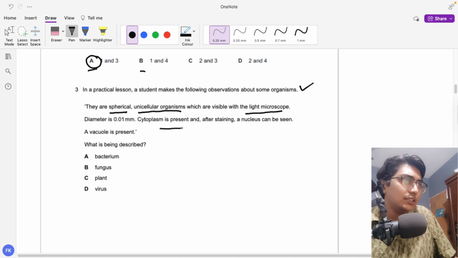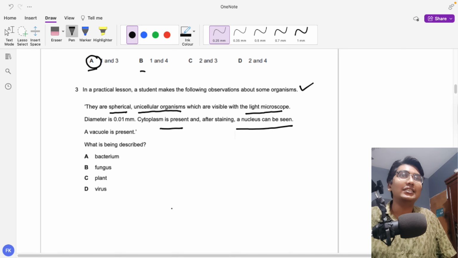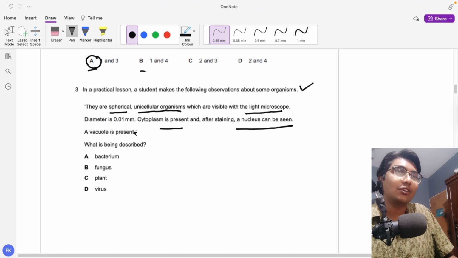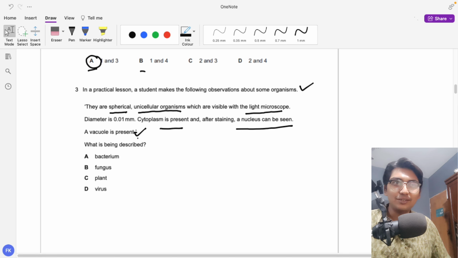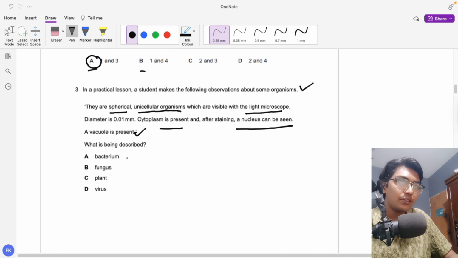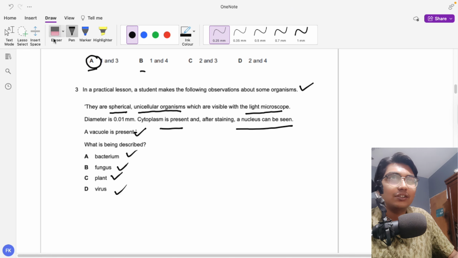Cytoplasm is present. After staining, a nucleus can be seen. A vacuole is also present. So what should be your answer? We got options such as bacterium, fungus, plant, virus. Which option do you think?